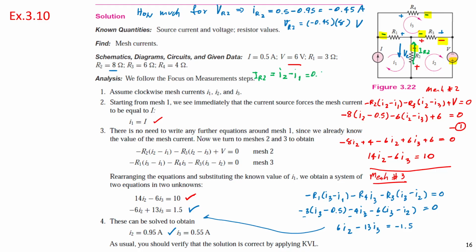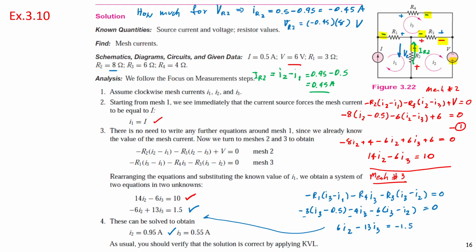Now it's 0.95 minus 0.5, which is a positive 0.45 amp, so the direction is correct. It depends on your definition of direction, and if you get a negative value, it means you get the opposite direction of the current and voltage.